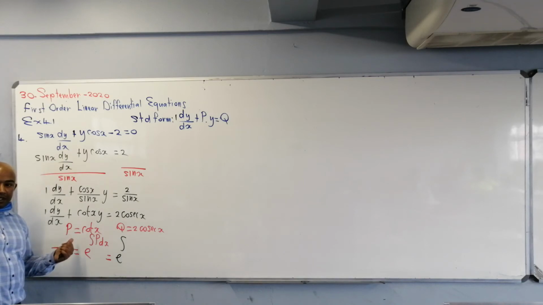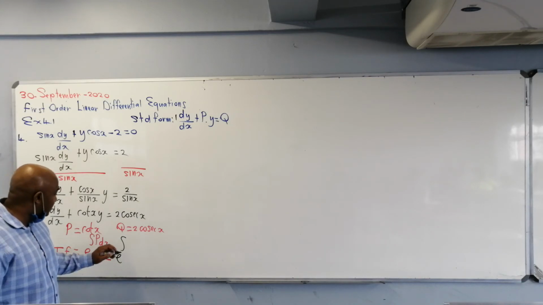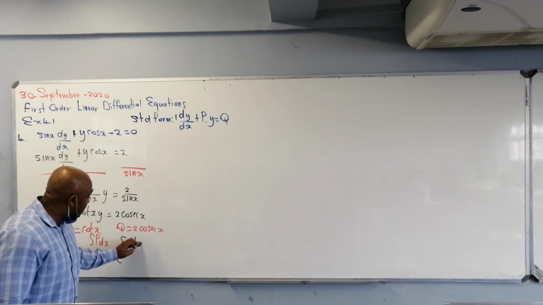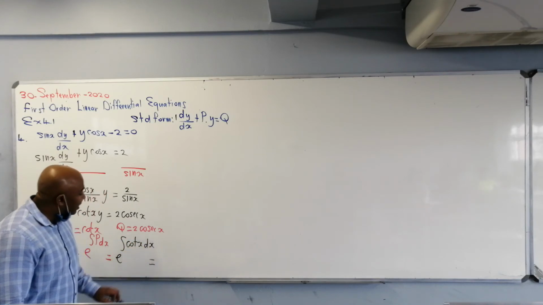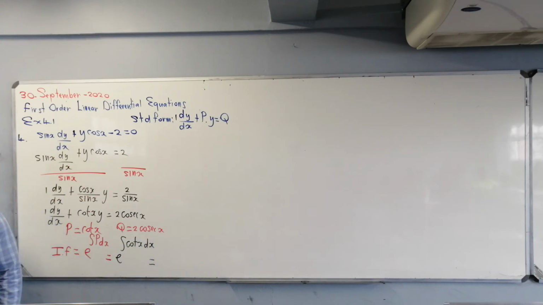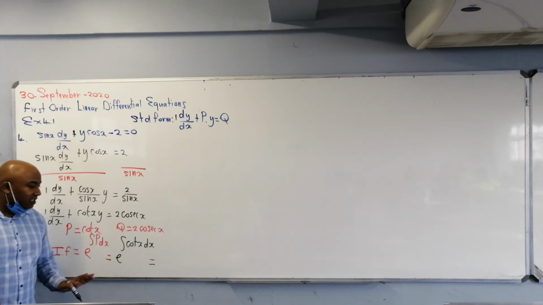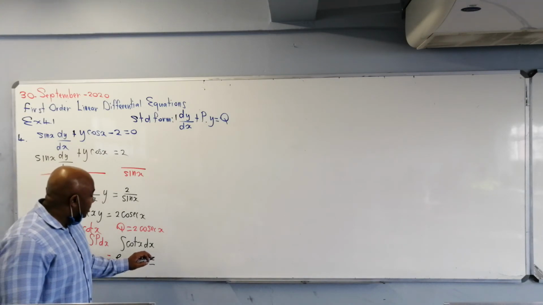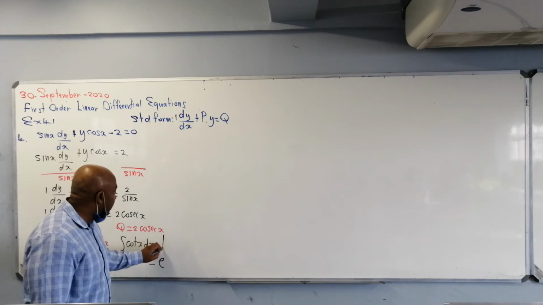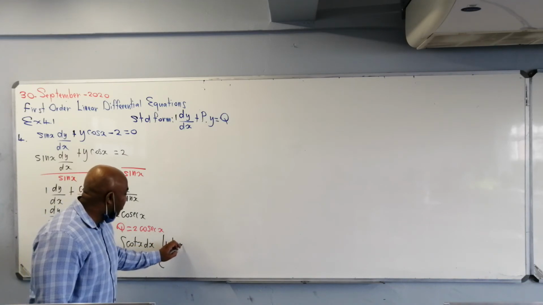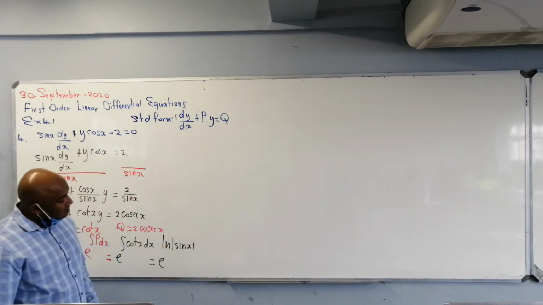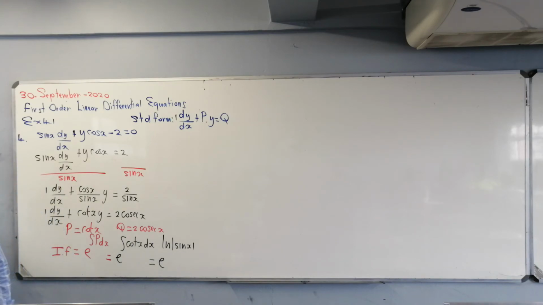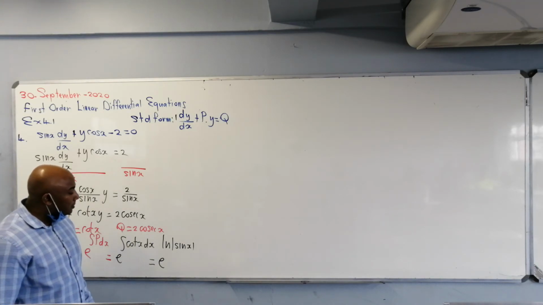So here my p is cot, so that will be just cot x. Now you need to integrate cot. You go quickly to your formula sheet. If you don't know the formula, you integrate cot. It's going to be ln absolute value of sin x. Okay, we integrate cot. It's ln of sine.